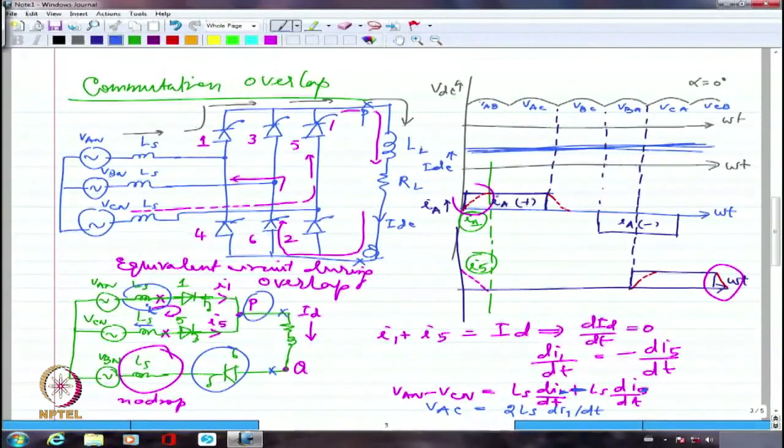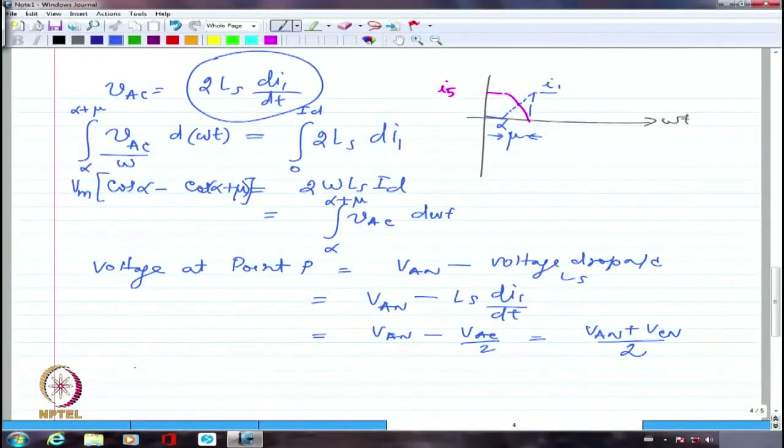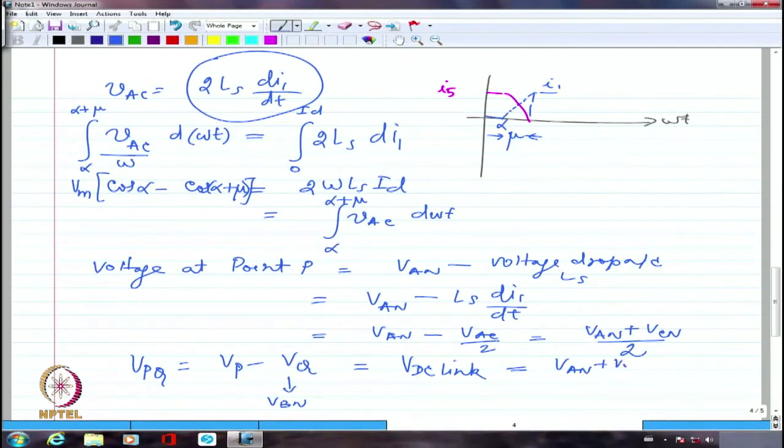So I can say VPQ is equal to VP minus VQ, VQ being VBN. This is the DC link voltage. So this is equal to (VAN plus VCN) divided by 2 minus VBN.